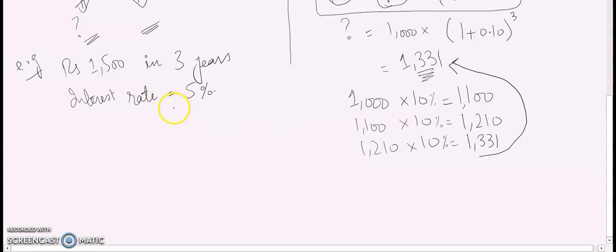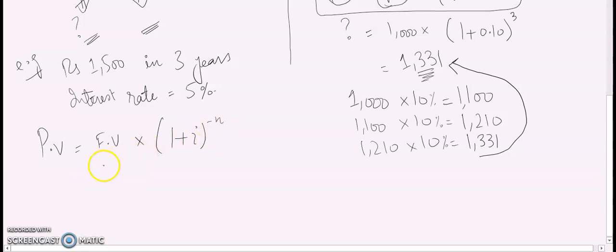The prevailing market practice. So, what you need to do is simply use the formula. Present value is equal to future value multiplied by 1 plus interest rate raised to power minus n.